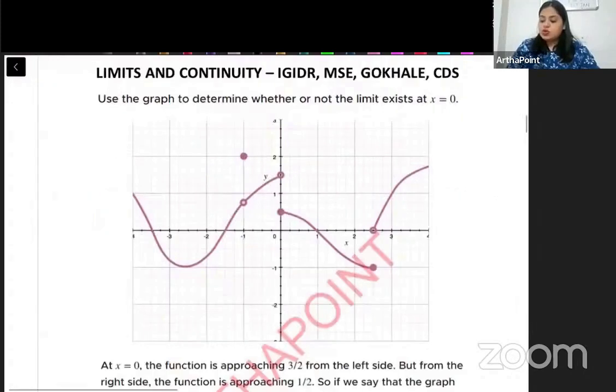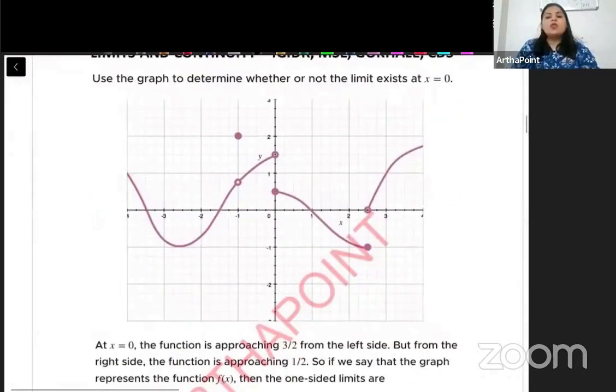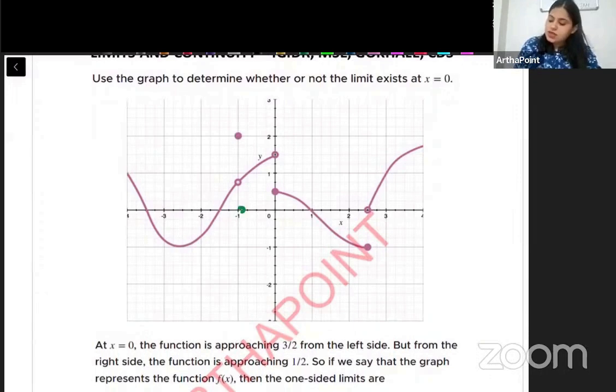Okay, so let's now go towards this graph. If you can just check this graph once better, let's check what happens, say at 0. At 0, when I approach from the left-hand side, the functional value is 1.5.